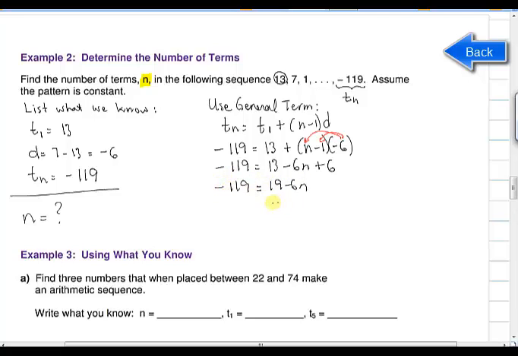It becomes negative. And we're going to go -119 minus 19, which is going to give us -138. Then divide both sides by -6, and you get that n is 23. And so there are 23 terms in this sequence.